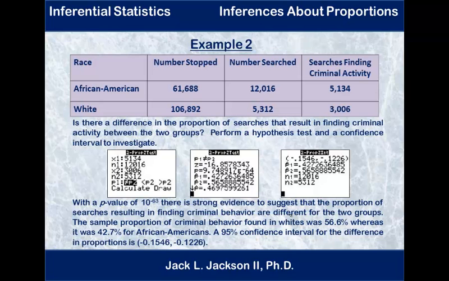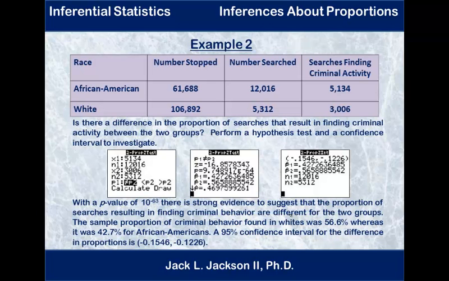So then for the sample 2, the whites, it's 3,006 for finding criminal activity, 5,312 for the sample size, and we're going to test just that they're different. And sure enough, we get a test that they're different. It's around 10 to the negative 63rd, about 9.7 times 10 to the negative 64th for the p-value, so basically 0 for the p-value.